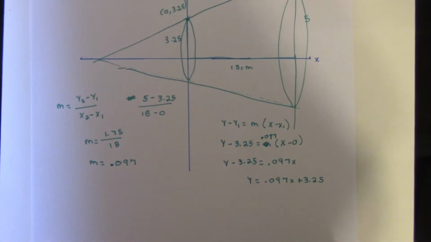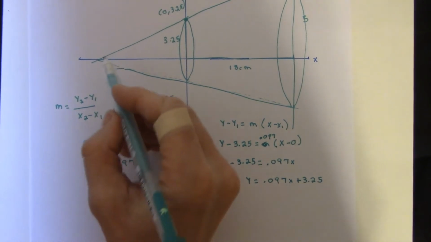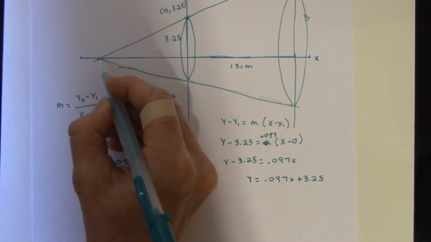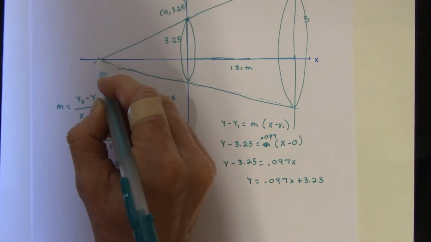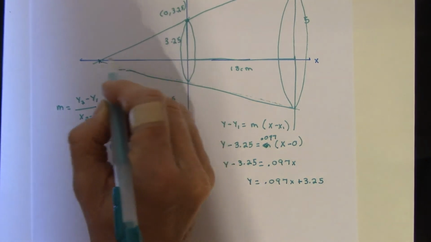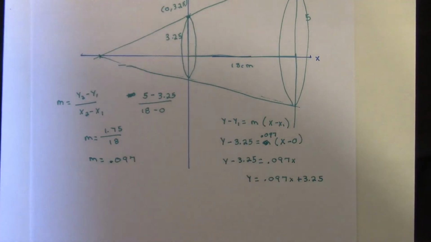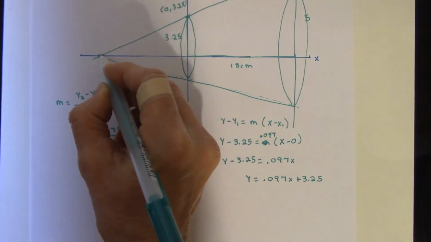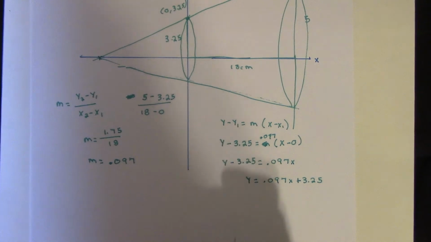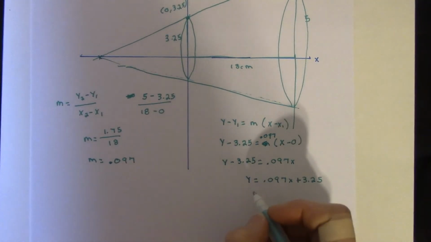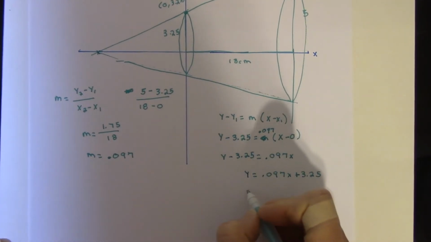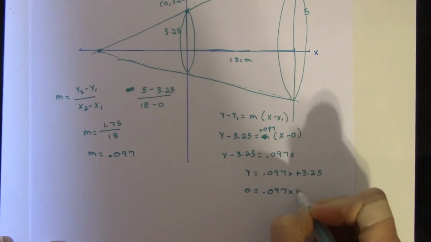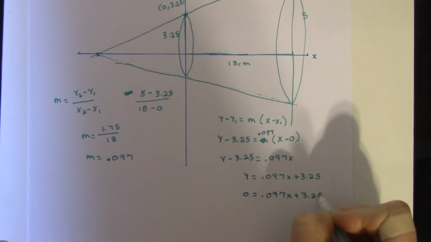I need my equation in order to find the top. If I can find this point right here, it'll give me the height of the top of the cone. I know that at this point the y value is 0. So when y equals 0, I set my equation equal to 0: 0 equals 0.097x plus 3.25.